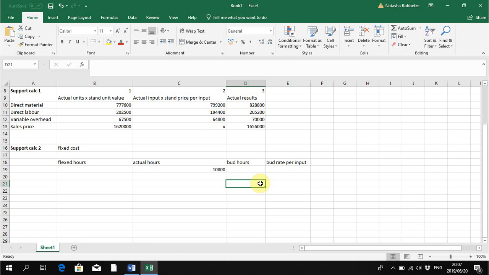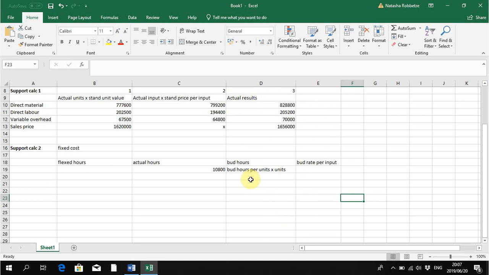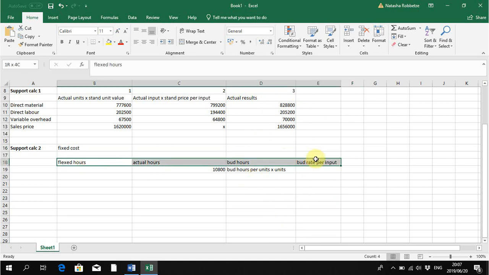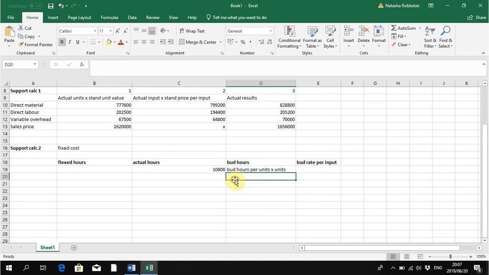Then the budgeted hours I need to do a calculation for. So I will take the budgeted hours per unit times the units. So what was the budgeted hours per unit for labor hours?